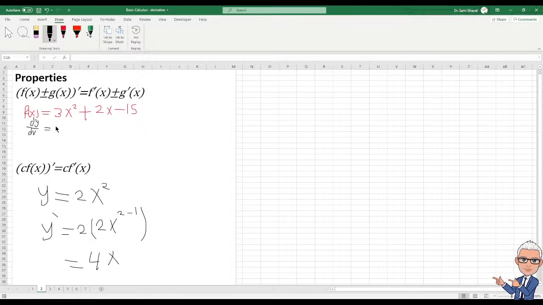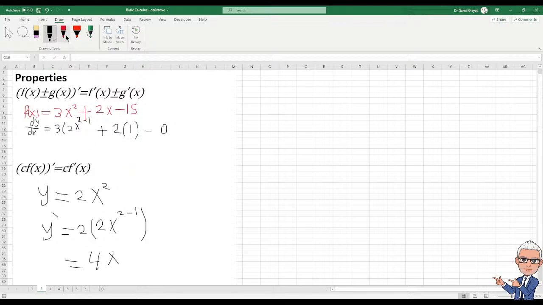This one will be 3 times 2x power 2 minus 1, which is 1, plus 2 times the derivative of x, which is 1, minus 0, because 15 is a constant.